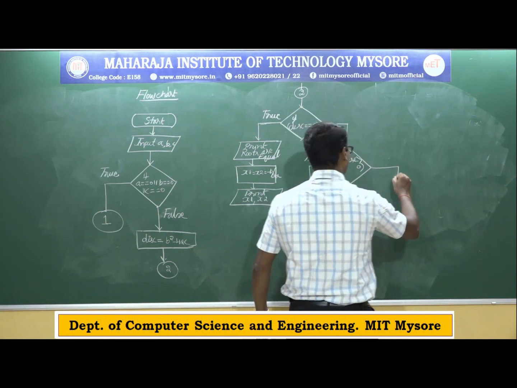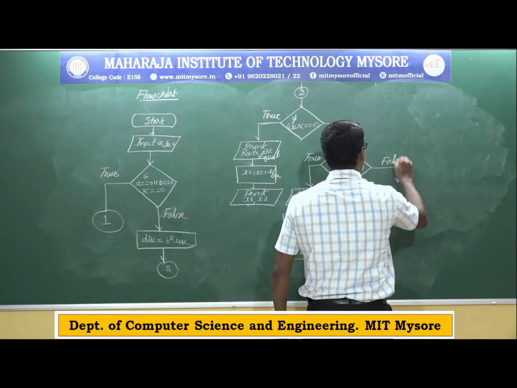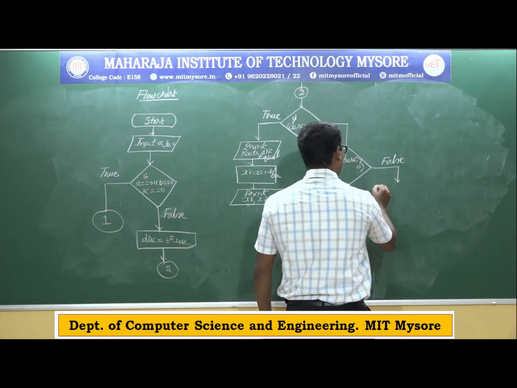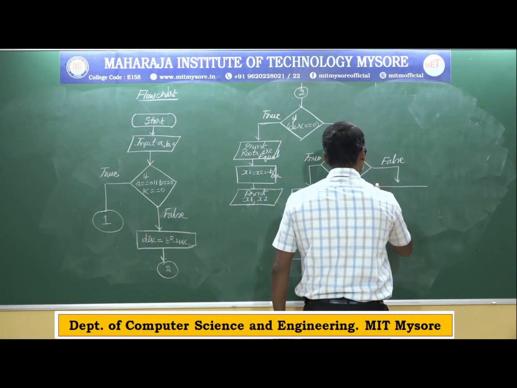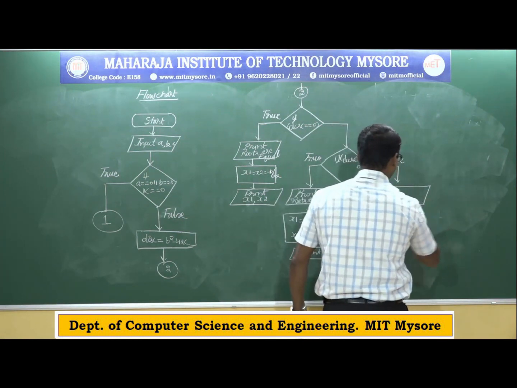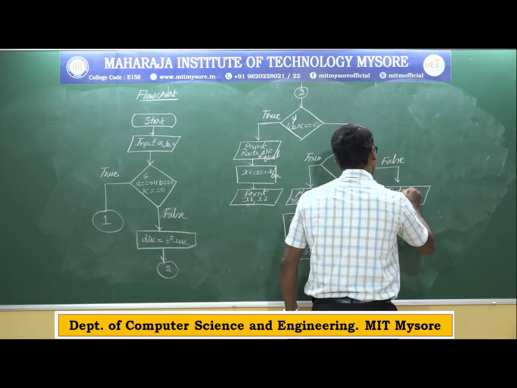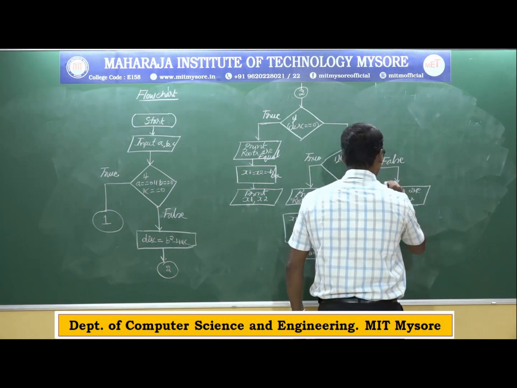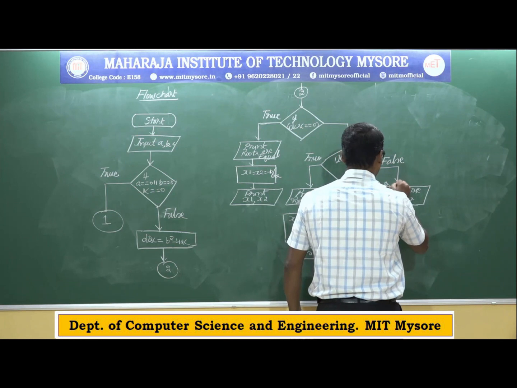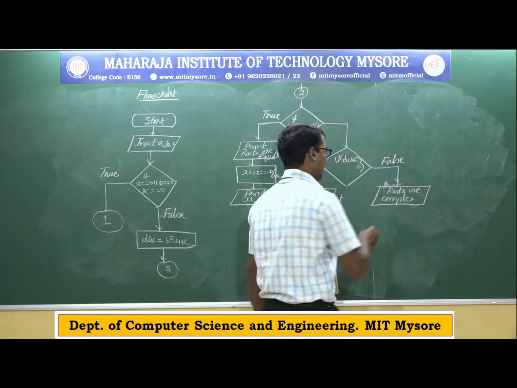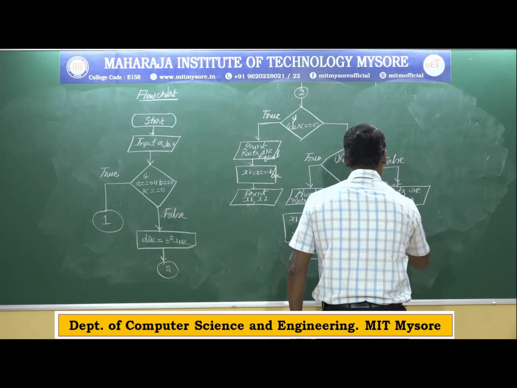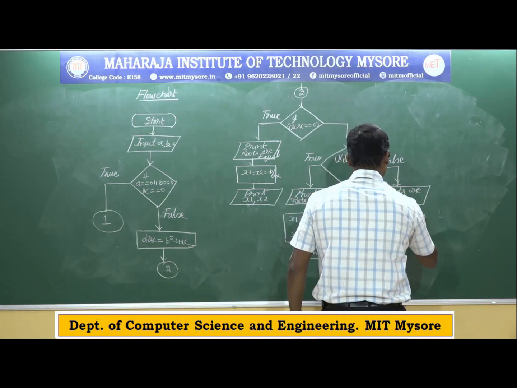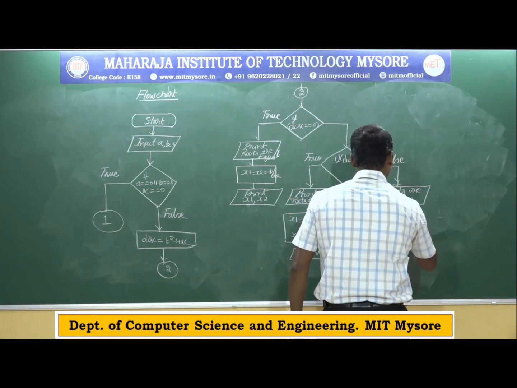If this condition is false, so the remaining case is roots are complex. Print roots are complex. Then the value of x1 is equal to minus b divided by 2a.